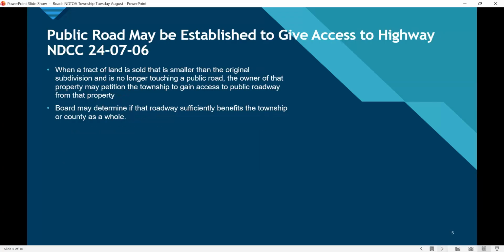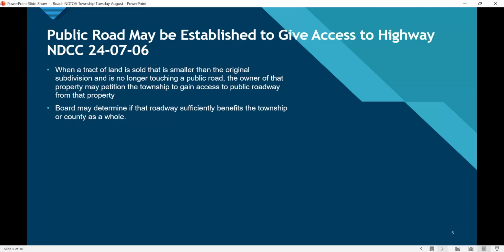A public roadway may be established to give access to a highway. That's Section 24-07-06 of the Century Code. And Jason, I think this one covers something we've spoken about.